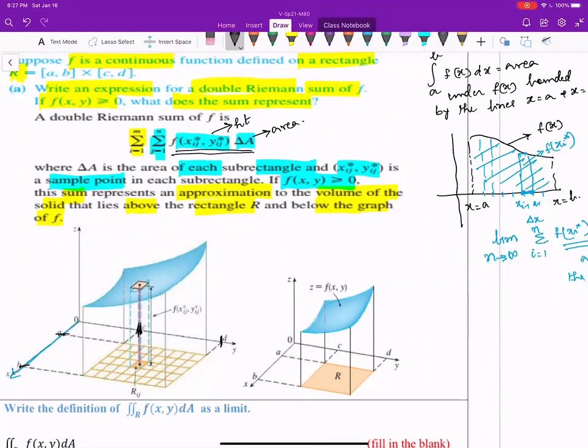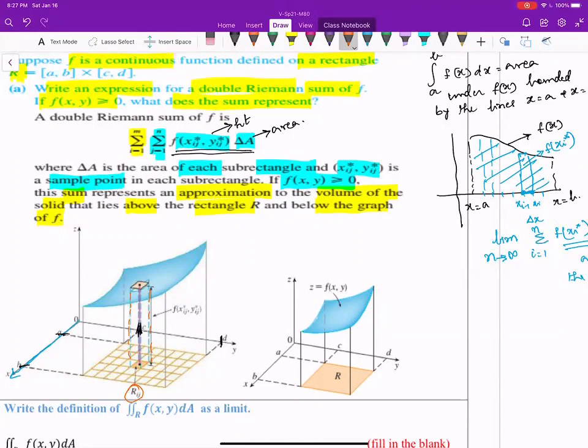So area times height will give you the volume. What is shown in this diagram is the volume above the rectangle Rij. We do this for all the rectangles that we have divided R into.